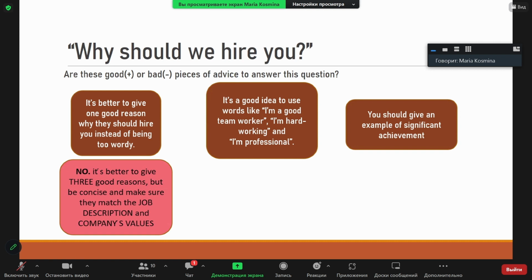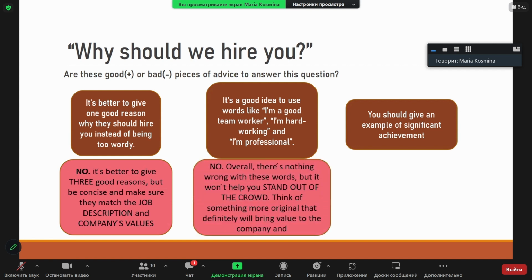So concise is like kratki, and make sure that everything that you mention here matches the job description and the company core values. The second one, overall, there's nothing too bad about these words, but again, they're too general and they won't help you to stand out from the crowd.